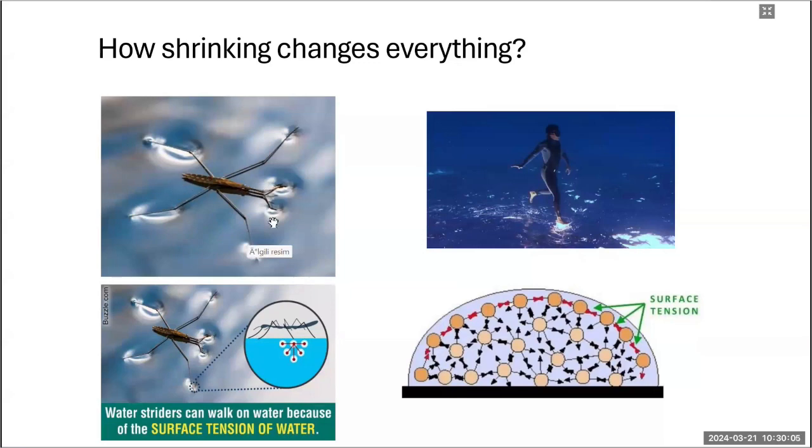If you put just the head of a ball pen on the water, it will go down. But this much bigger insect is walking on the water. How is it happening? Nanotechnology is actually giving you this opportunity.